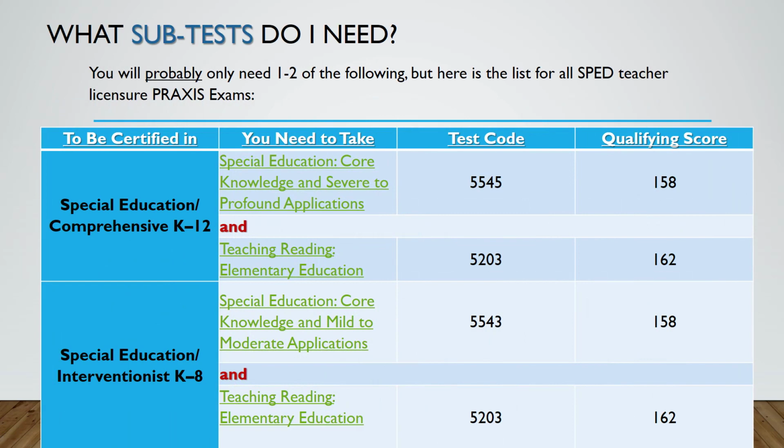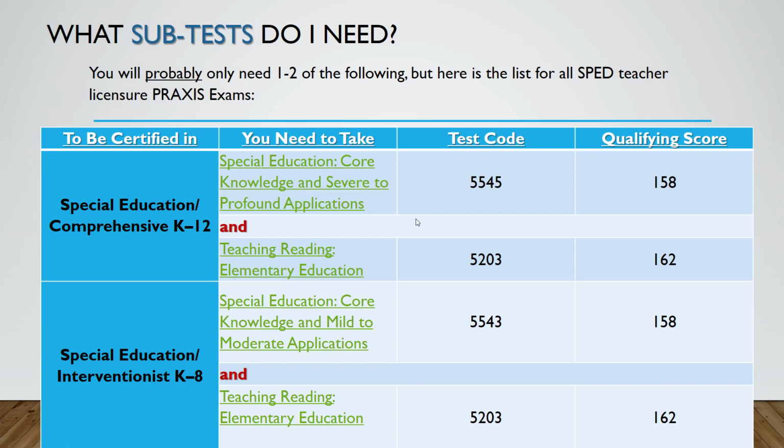What subtests will I need? You'll probably only need one or two of the following, but here is the list for all SPED teacher licensure Praxis exams. The Special Education Comprehensive Exam, K through 12, is directed primarily toward those working with severe and profound students.